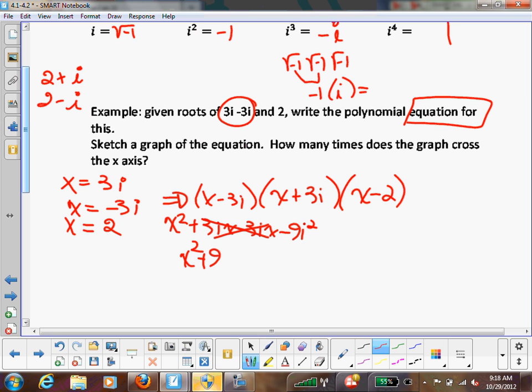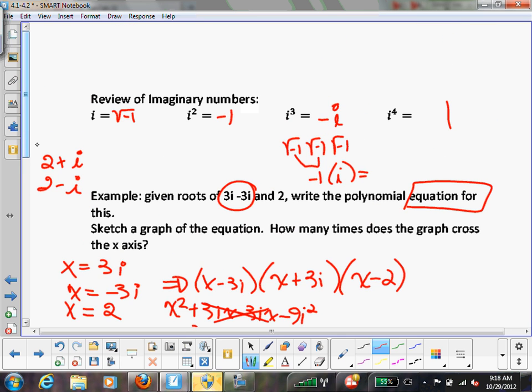You always wanted to try and factor that out further. It is a perfect square, but you've got i's in there. x plus 3i, x minus 3i gives you the plus with the x's and the 9 being divided out. Okay? What is i squared? So isn't that minus 9 times -1 gives you plus 9 as that last term? Does that make sense? Okay.